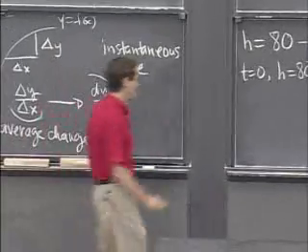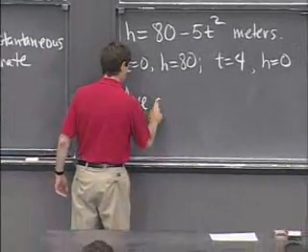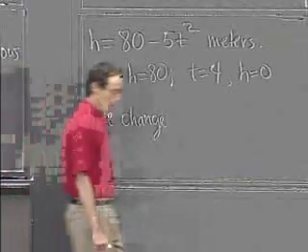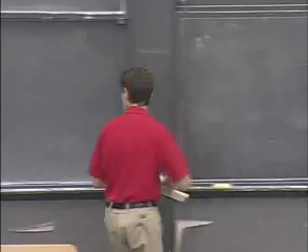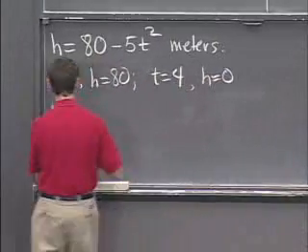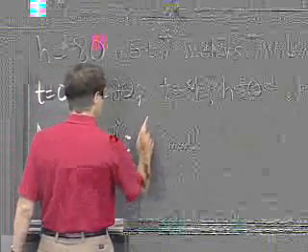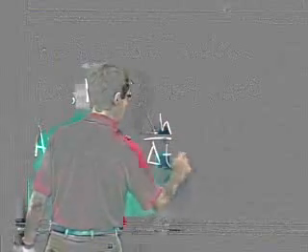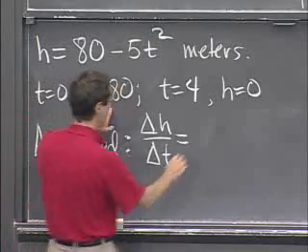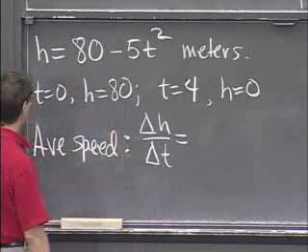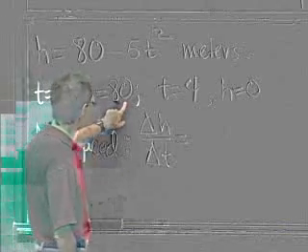Okay, so this notion of average change here, or the average speed, since that's over this time that it takes for the pumpkin to drop, is going to be the change in h divided by the change in t, which is, it starts out at 80, right?